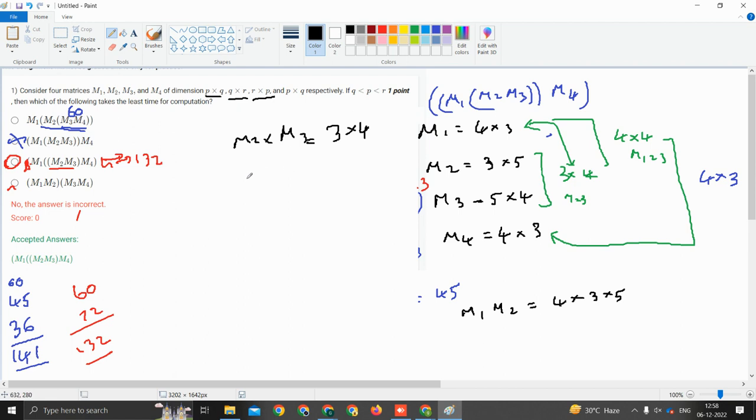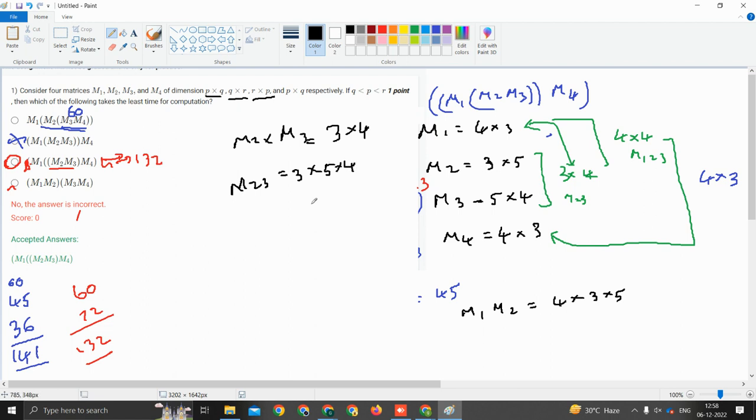Can you tell me how many number of operations it will take? As in, the computations. Okay, I'll tell you. You calculate it as 3 cross 5 cross 4. Simple.